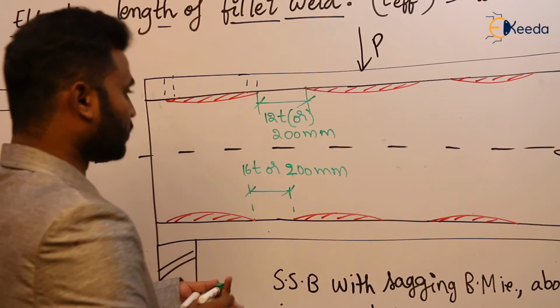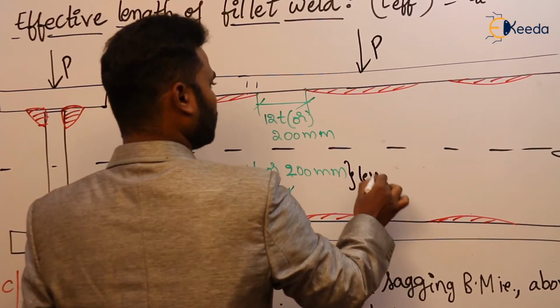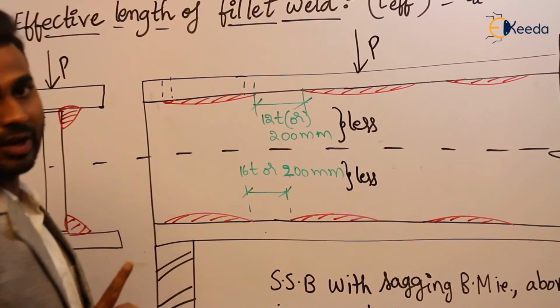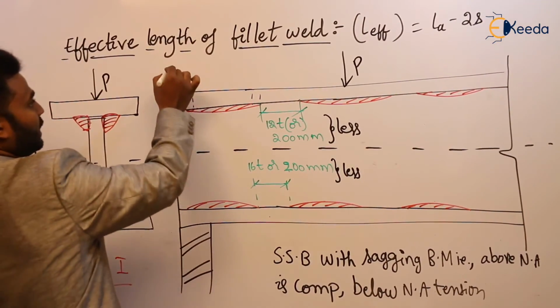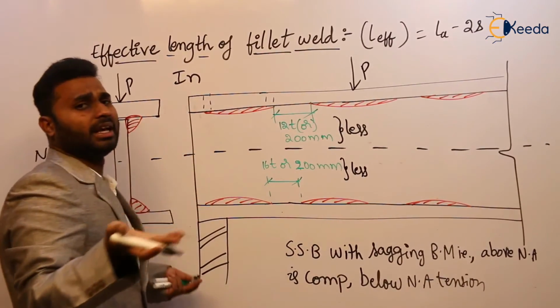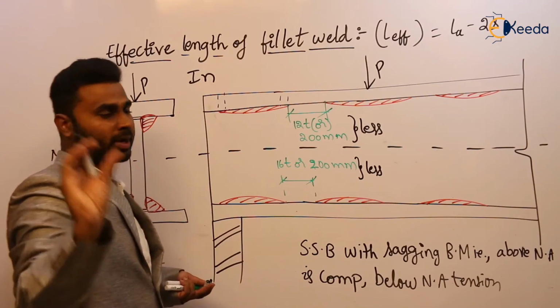Out of these two, we have to take the minimum. These two, take the lesser. Here also the lesser. This is for intermittent weld. Here I am writing intermittent or discontinuous weld. If it is continuous, there arises no question of pitch or spacing. Yes or no? Keep that point in your mind.